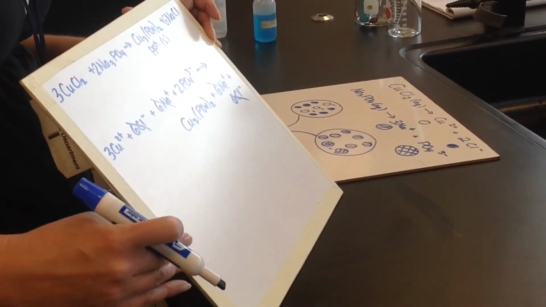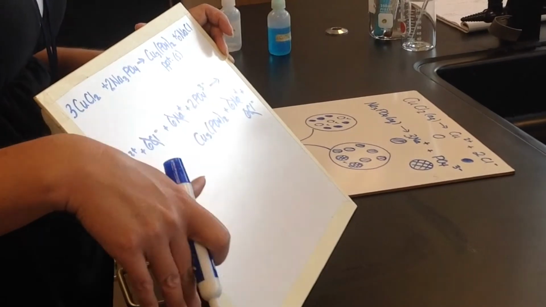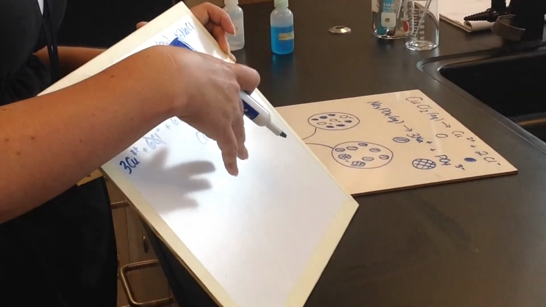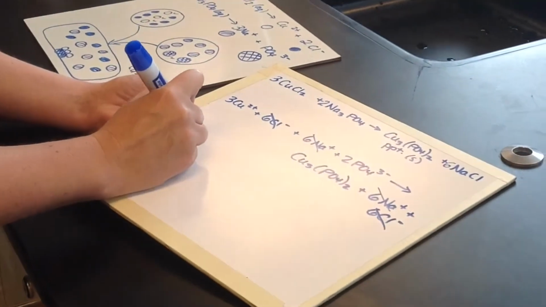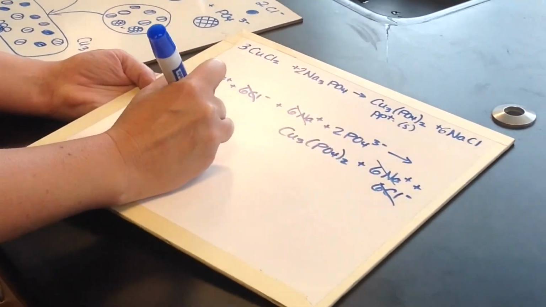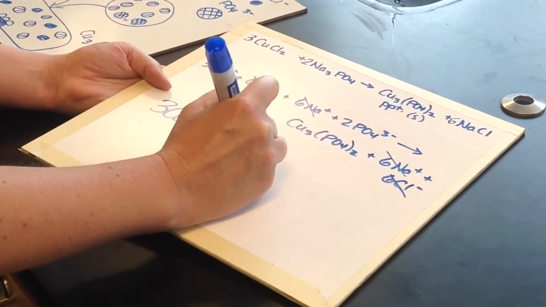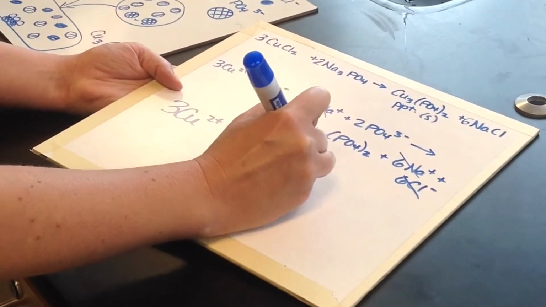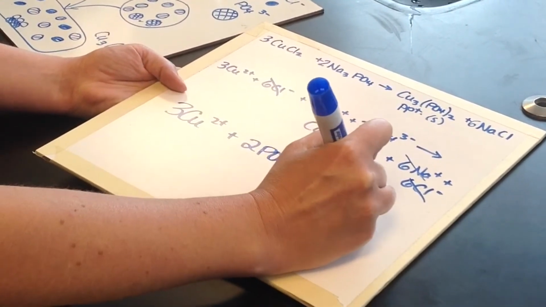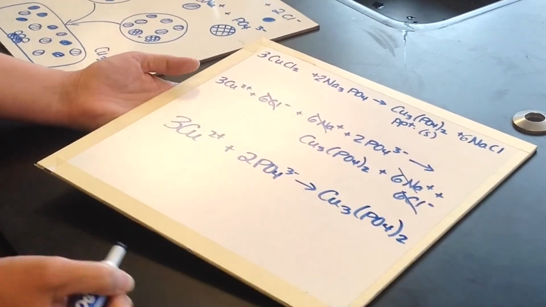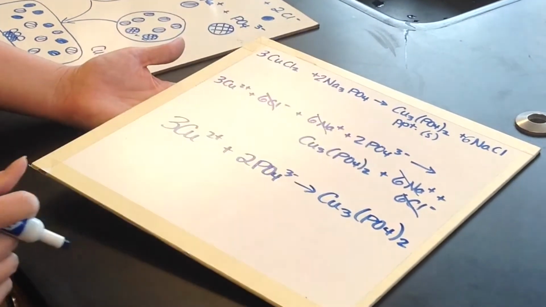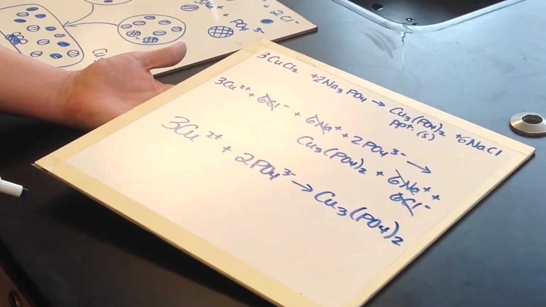And so our net ionic equation represents only the ions that changed, and it's the ions that reacted to form the precipitate. So our net ionic winds up being 3 copper ions plus 2 phosphate ions yields our solid, which is copper phosphate. And since we kept up with our coefficients all the way, it's already balanced for us.